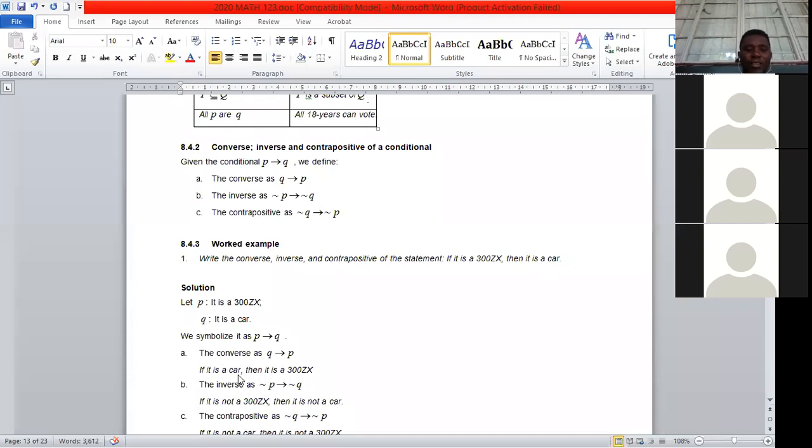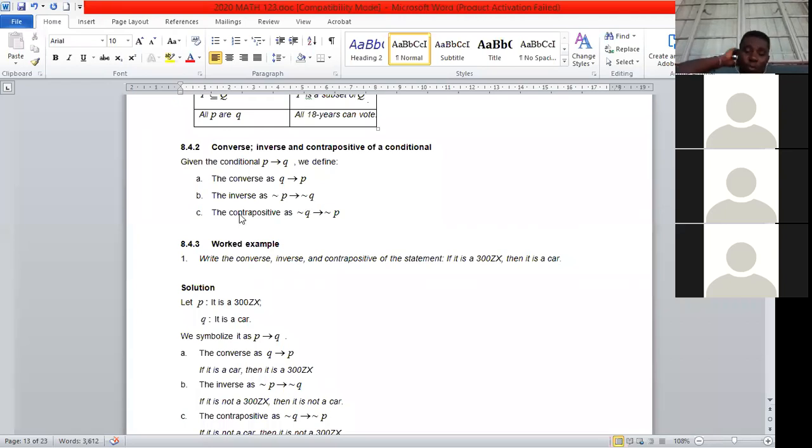The converse becomes Q implies P, and is read as, if it is a car, then it is a 300ZX. That is the converse. The next one is the inverse. In the inverse, you have to negate P and negate Q. So in the inverse: if it is not a 300ZX, then it is not a car. I have negated P, I have negated Q.